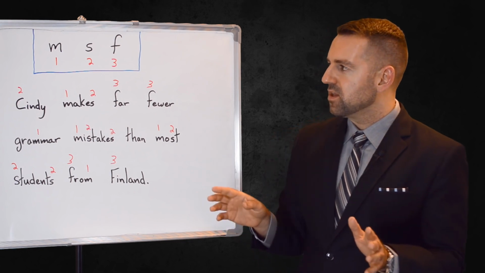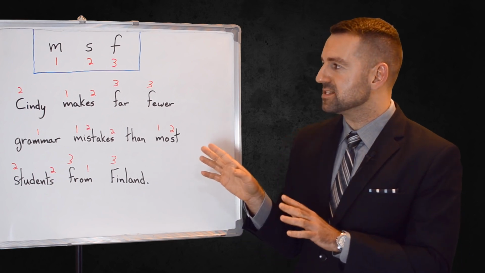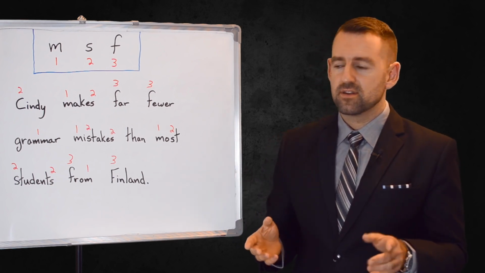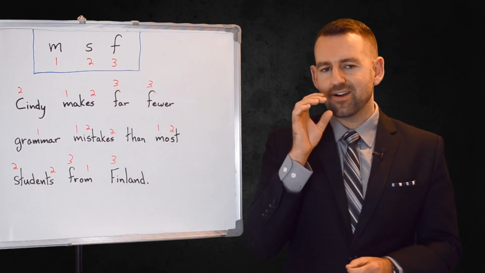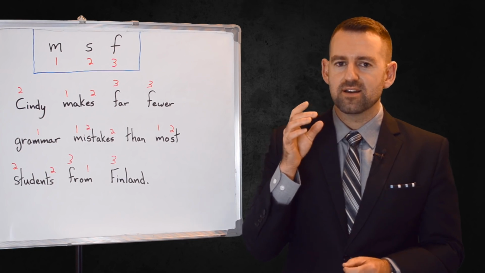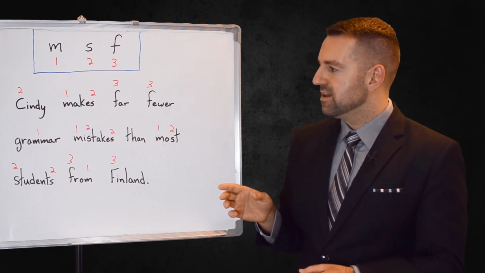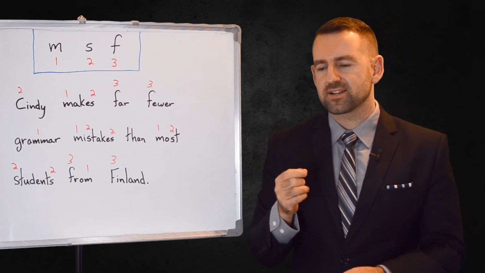So that's good news. You don't have to worry about these sounds because you're probably saying them correctly. All right, so I won't teach you how to move your mouth or your tongue because you probably are doing it right already. But let's just read this sentence to practice.